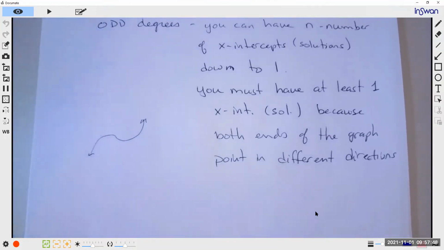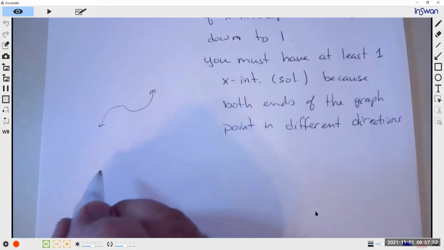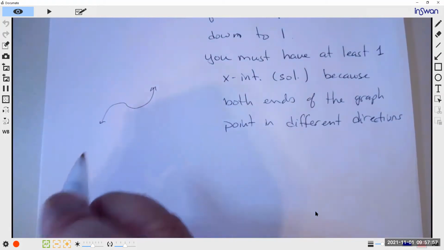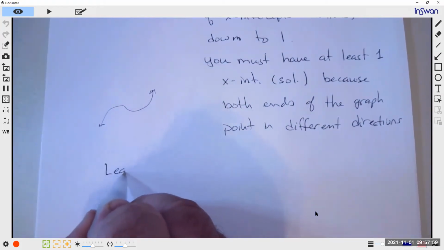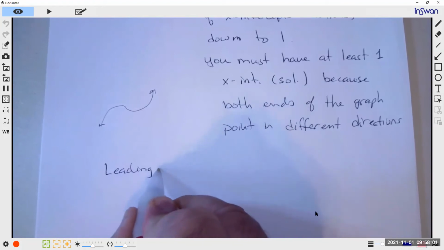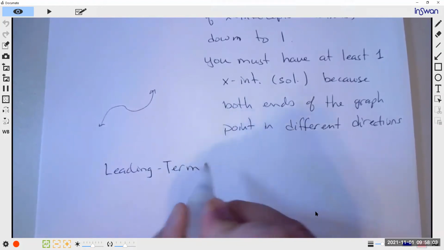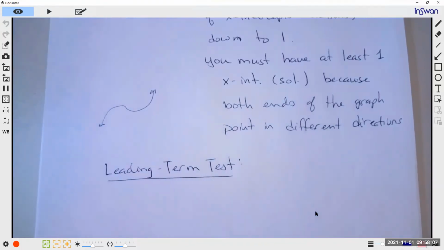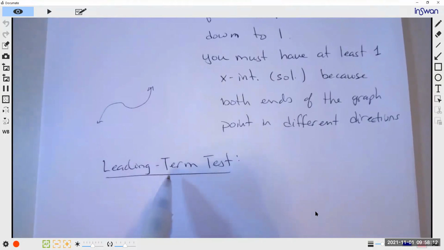All right. So with everything I just showed you, we have what's called the leading term test. Remember, the leading term is the term that has the highest exponent.